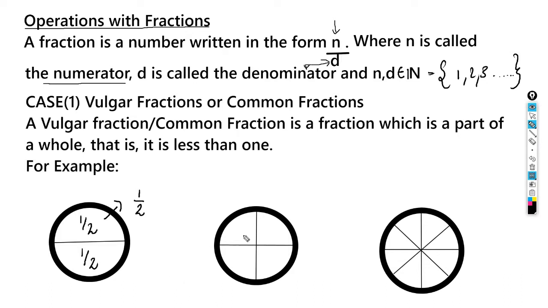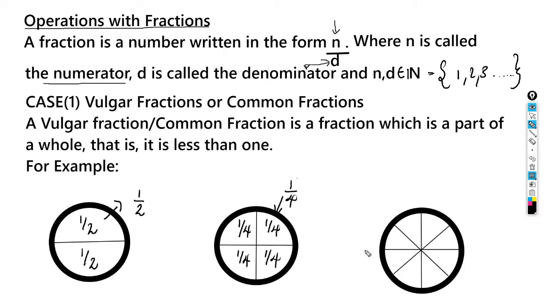Now let's look at this second circle. We can see that this is a quarter of the circle, a quarter of the pie. So one section within this circle is 1 over 4, which is a common or vulgar fraction.